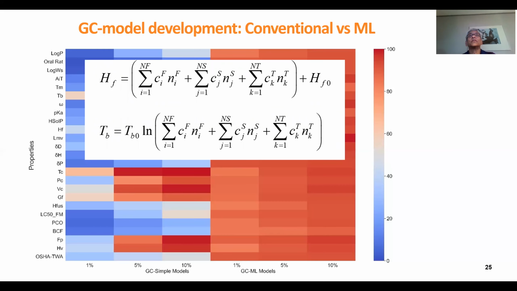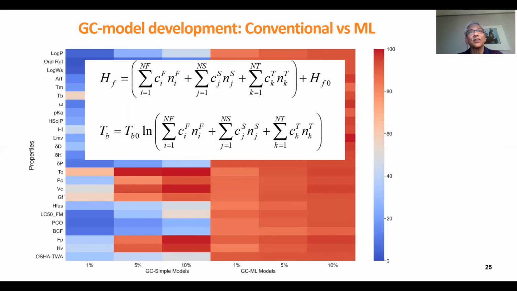And if we have, let's say, a total of 424 groups, all we need is a table of 424 parameters for one property. And then we put the contributions in this simple model and we calculate it. Because of its simplicity, of course, it's not that accurate. We can get 90% accuracy within 10% error. But machine learning gives us 1% error.